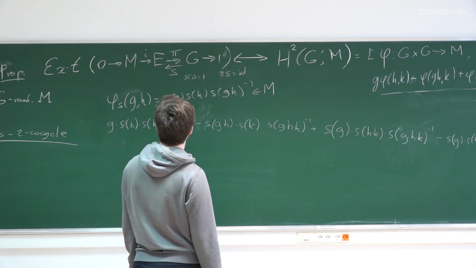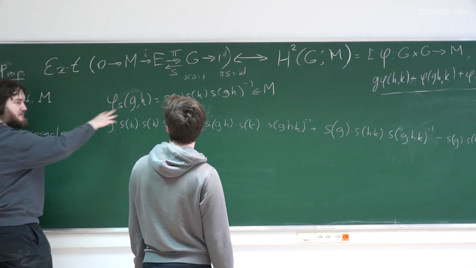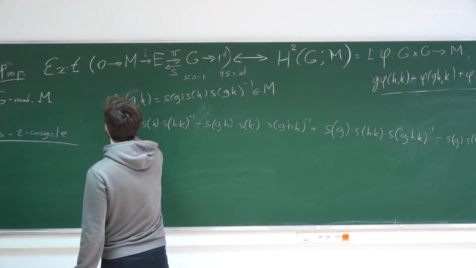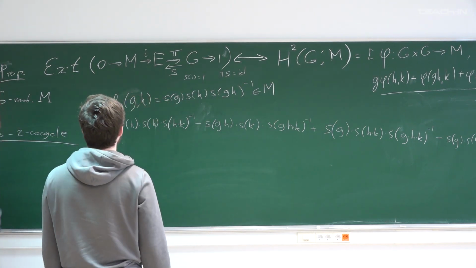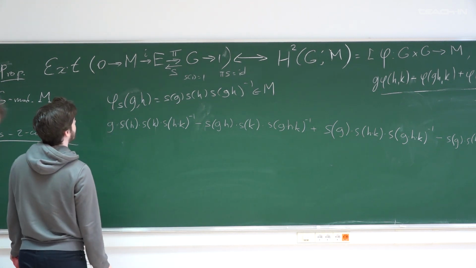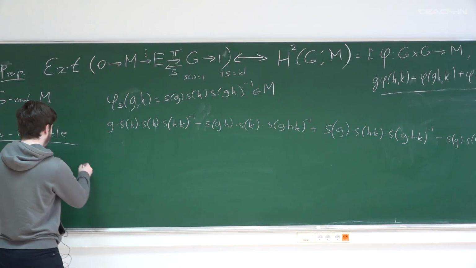First of all, do you know what this means? What is g acting on this? This is some action. But if we have an extension, what's the action of G on M? If you have an extension, what's the action of the quotient on the kernel?